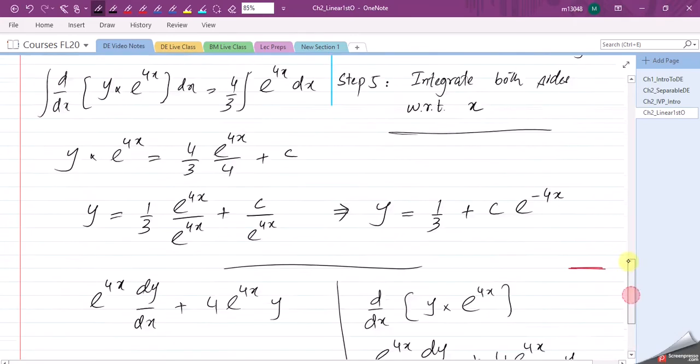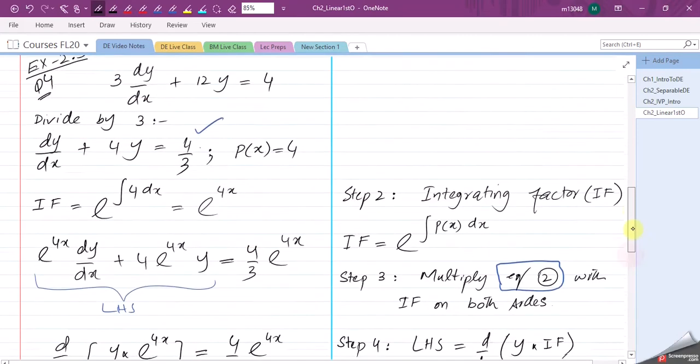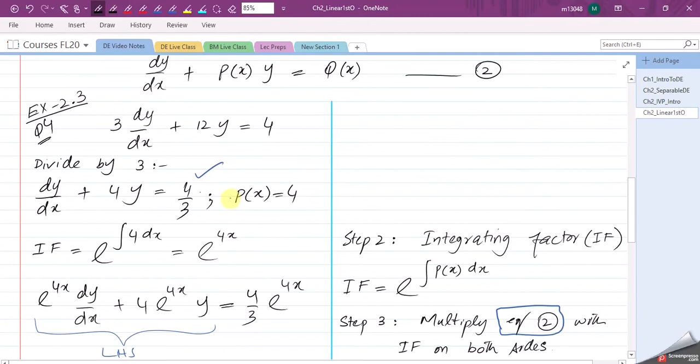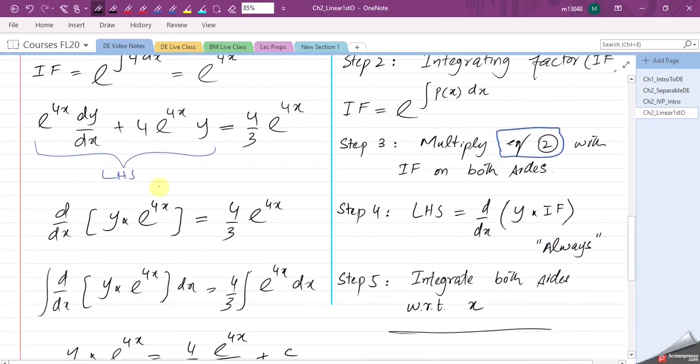The method told us that at this stage always this will happen. If we have done the previous steps correctly, if we have divided by the 3 first, and we have calculated the integrating factor correctly and multiplied correctly, then this step will always be true.